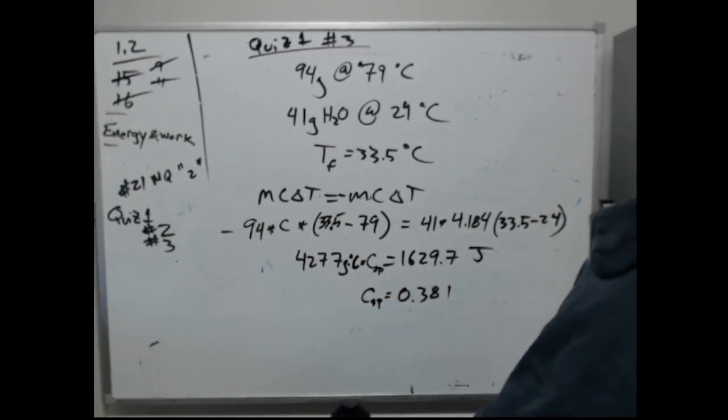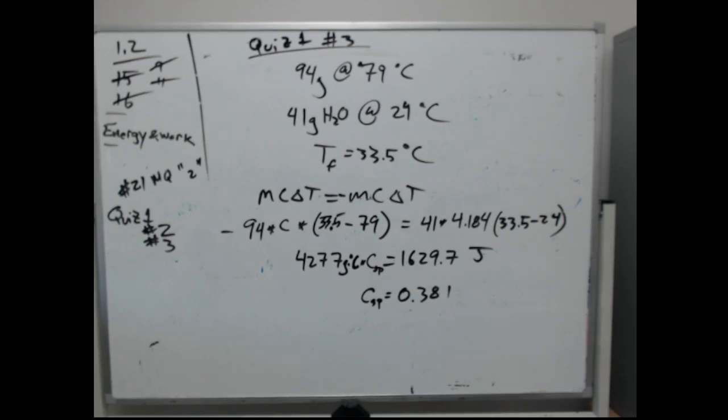Let me recalculate where I'm missing. Yeah, like your work. Okay, so we got 41, 4.184, 33.5 minus 24, 94, 33.5 minus 79. This all looks right. I just got something different than you. Did I make a math mistake or did you? Well, my answer's wrong, so probably me.